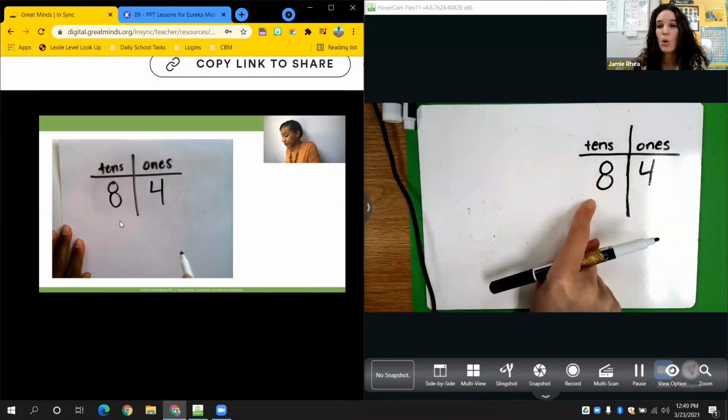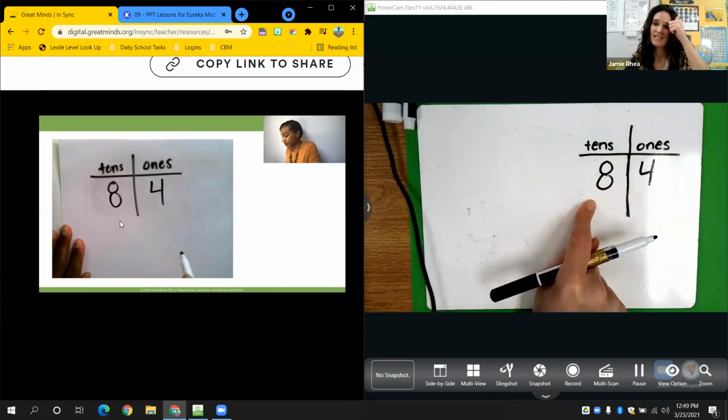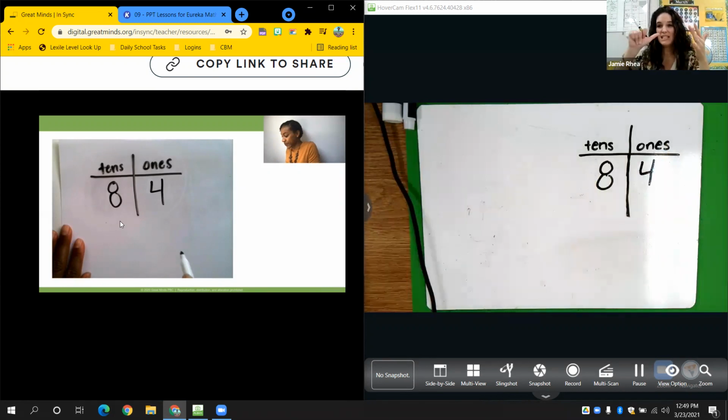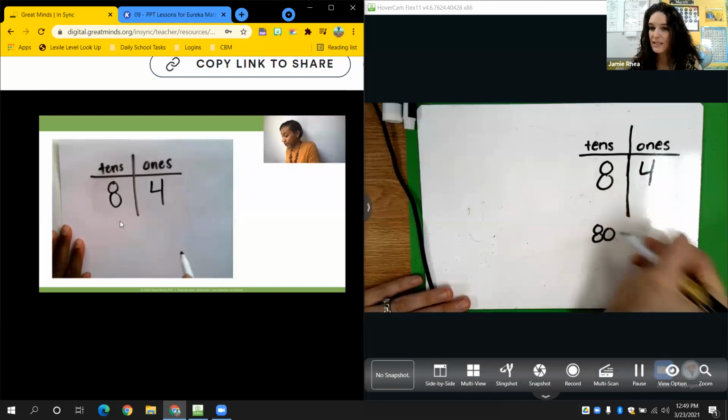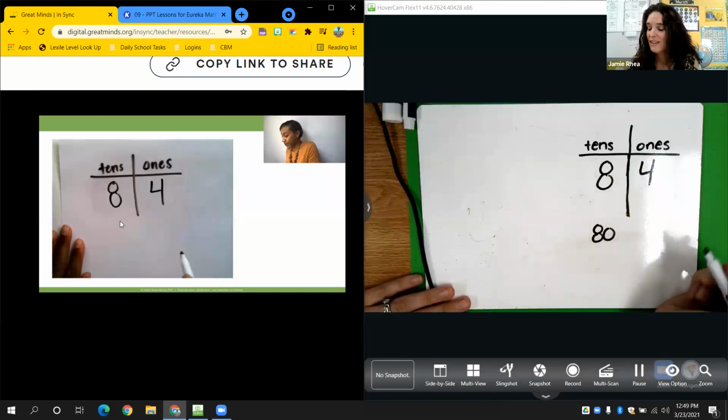If you don't know the value of 8 tens, count up tens 8 times. So we could say 10, 20, 30, 40, 50, 60, 70, 80. I'm at 8 and I got to 80. So 8 tens is the same as 80.